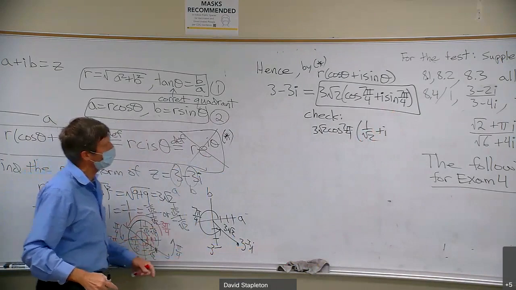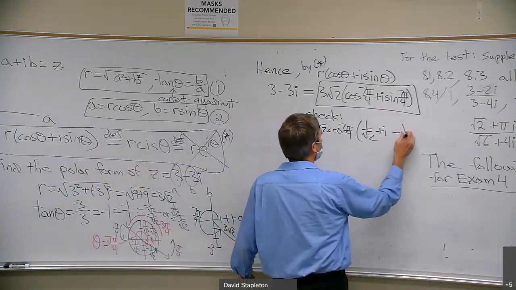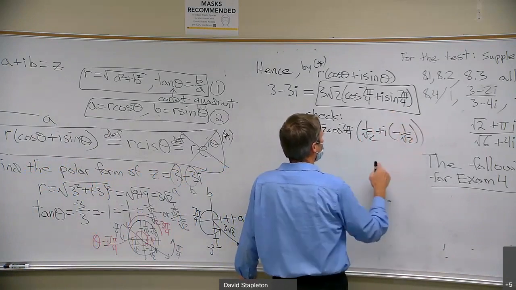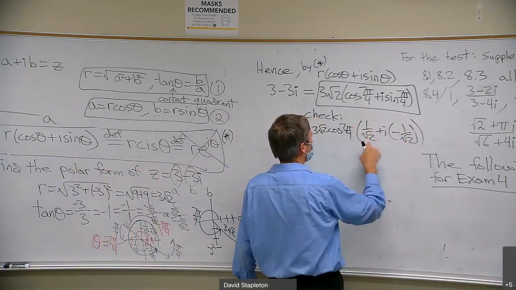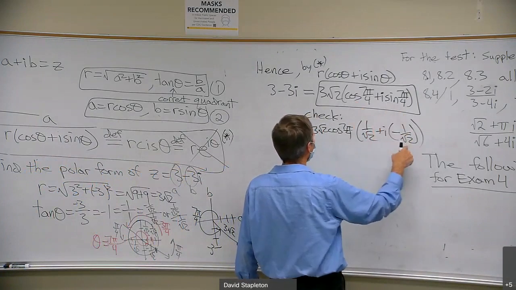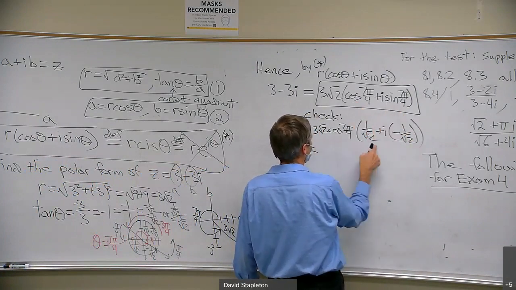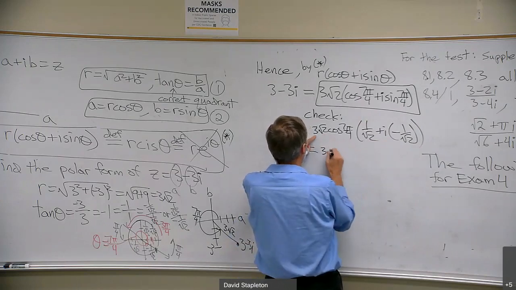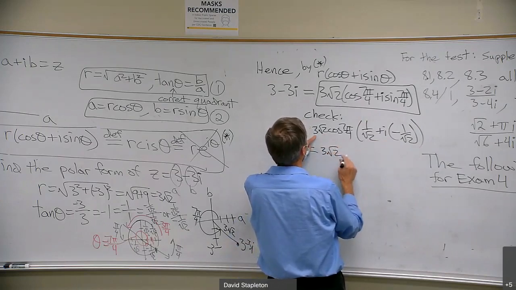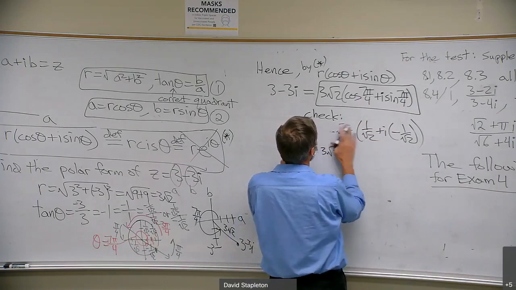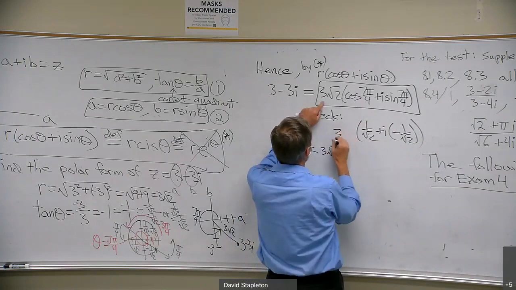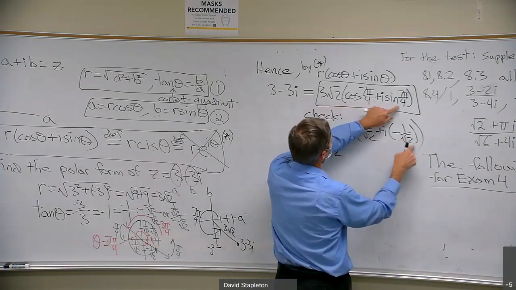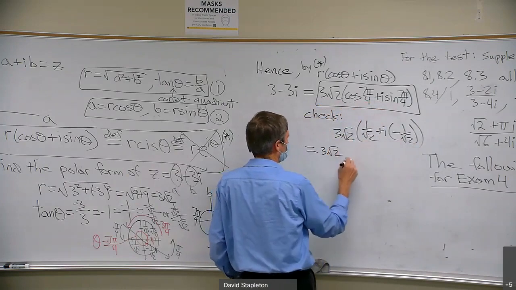It's minus 1 over square root 2. So cosine 7 pi over 4 is this, sine 7 pi over 4 is this. And now you just multiply it out, distributing. 3 square root 2 times cosine plus i sine. 3 square root 2 times 1 over square root 2.